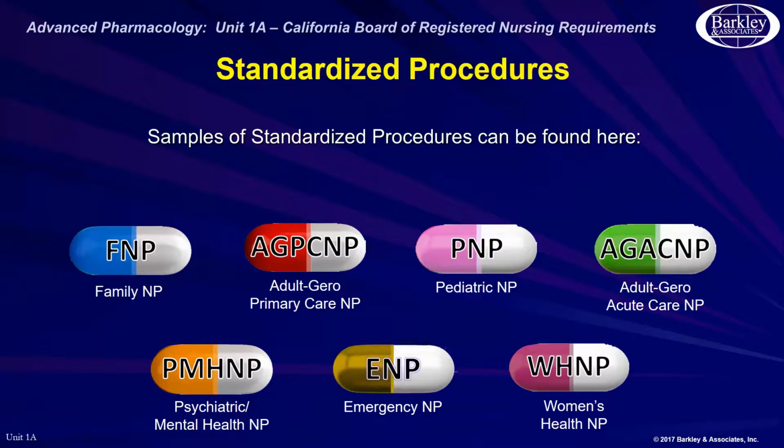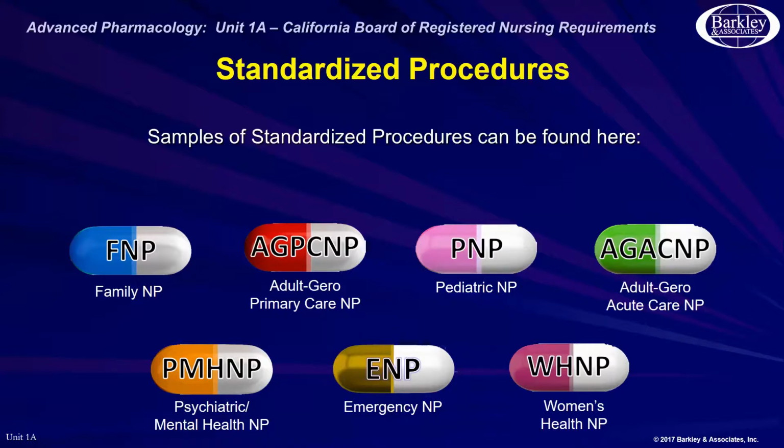So, for instance, family nurse practitioners, adult gero primary care NPs, pediatric NPs, adult gero acute care NPs, psychiatric mental health NPs, emergency NPs, women's health NPs. Each subset of NPs has their own standardized procedures and has their own limitations and lists and regulations with respect to care.